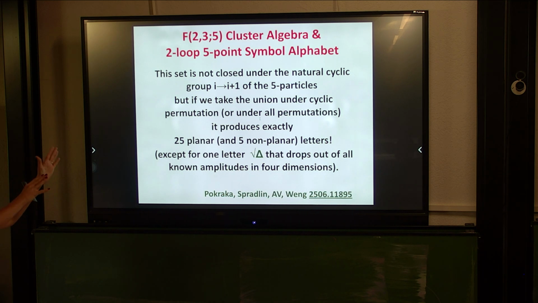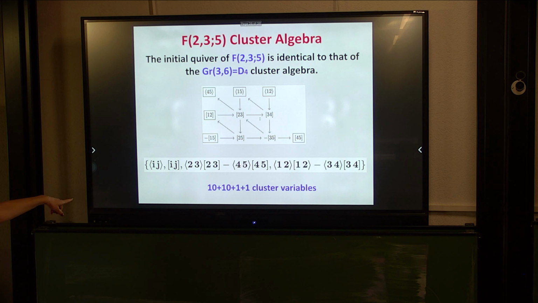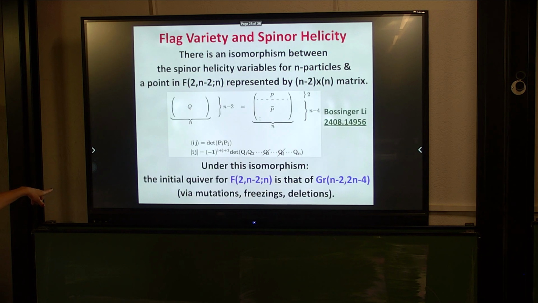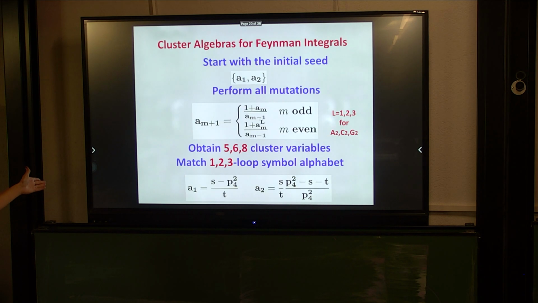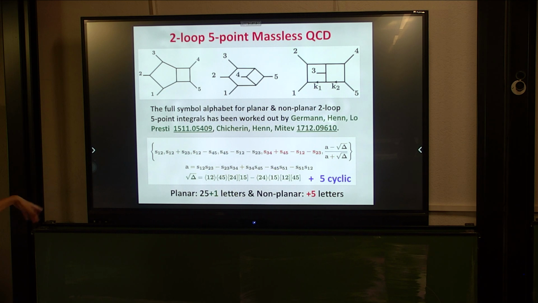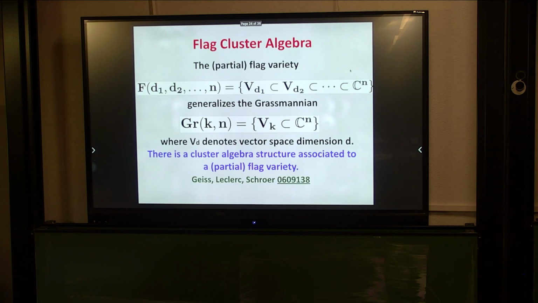Remember for planar Yang-Mills for 6 and 7 points we had 15 and 49 and they matched, right? But here you had 22 cluster variables, and you will be like, okay, what are you talking about? Because the counting doesn't work. There's 25 plus 5. But it turns out you need to do a cyclic permutation, and then you can get all of them.